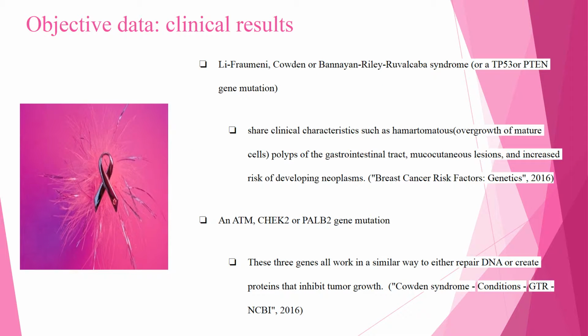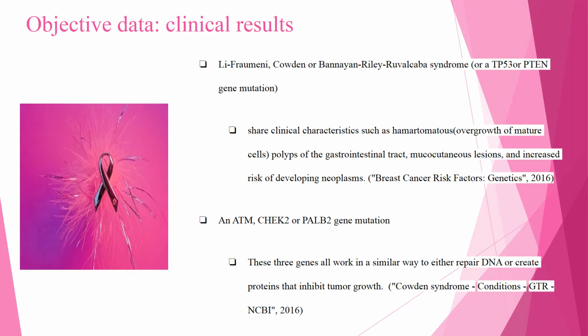Continuing on with objective data in regards to clinical results, there are honestly several different gene mutations that people can be tested for to see about developing their risk for breast cancer and how that is increased. And actually, developing polyps in the GI tract is one of the gene mutations that is associated with an increased risk for breast cancer.